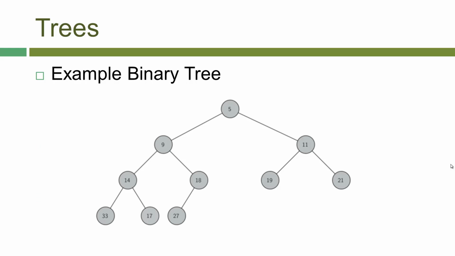So let me show you an example binary tree. Here we have a complete binary tree, and you'll notice the last level only has one node at this particular branch because it has an odd number of elements in it. Another interesting property of a complete tree is that we can represent it using a single list.